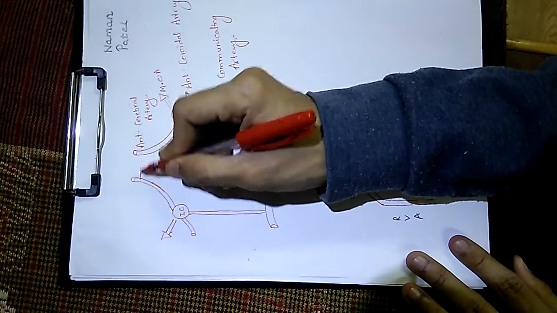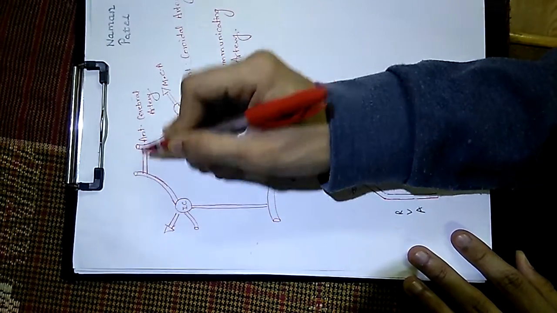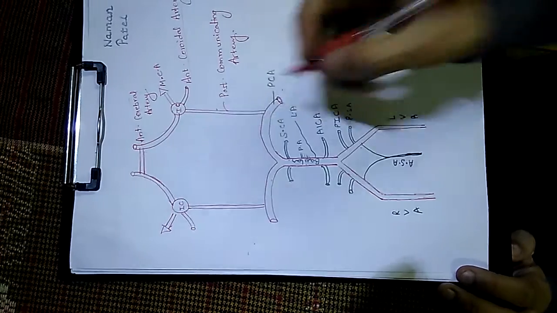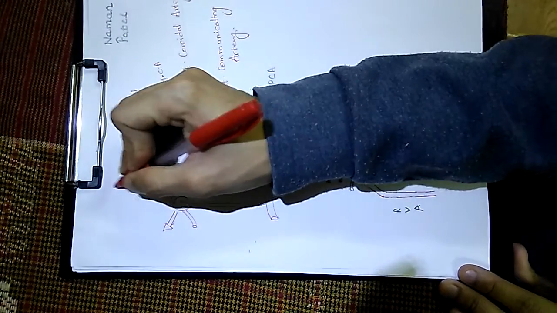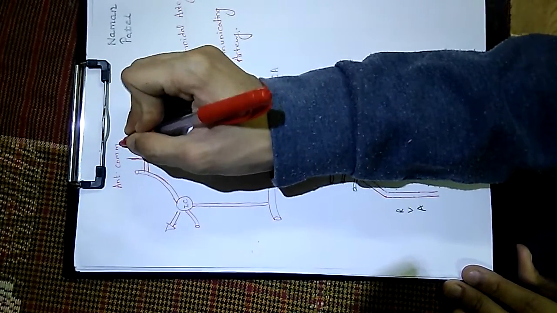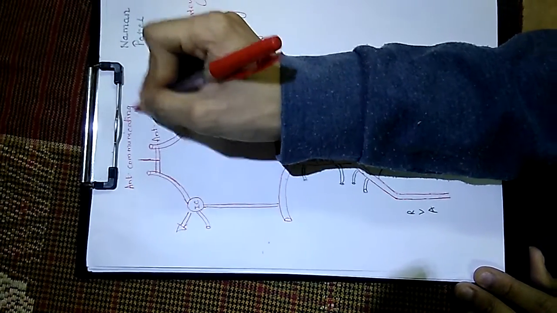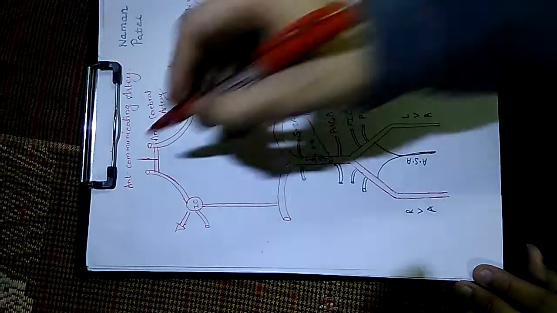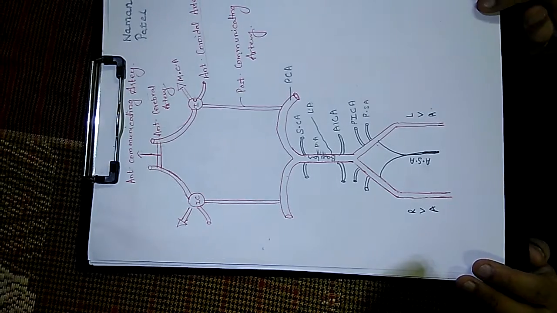There is an artery which is joining these two anterior cerebral arteries of both sides, and this artery is known as the anterior communicating artery, right? This is the anterior communicating artery.